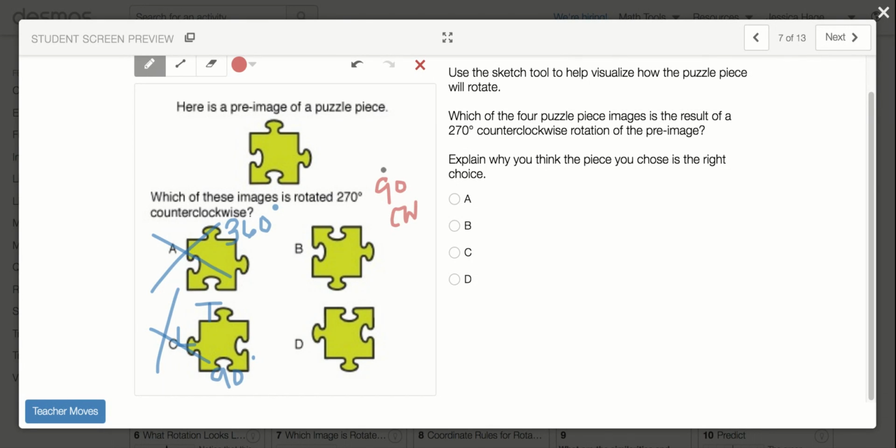Okay, so 90 clockwise is the same as 270 counter. Okay, if you can't understand that yet, that might be something that you can understand at the end of the week. So that means that this one is coming down here and that one is coming to the right. So we have our gaps on the left and the top, and then we have one sticking out on the bottom and to the right. So letter B is going to be your correct answer here.